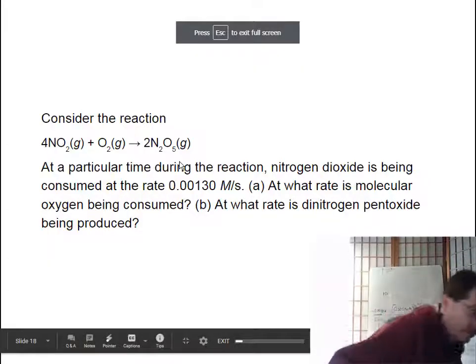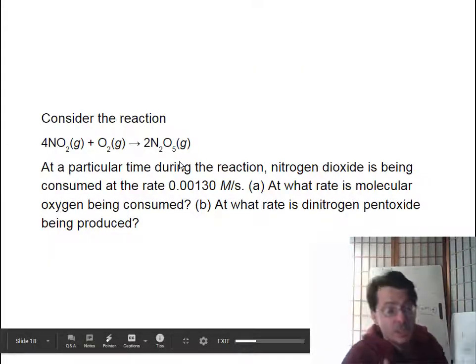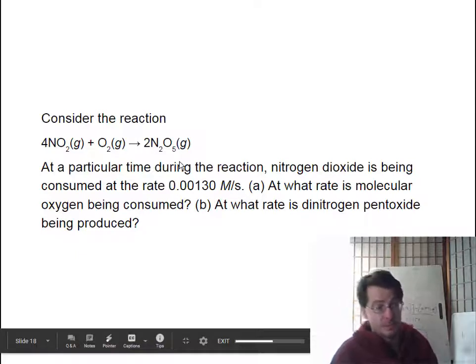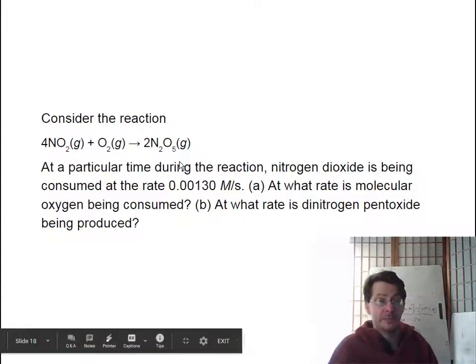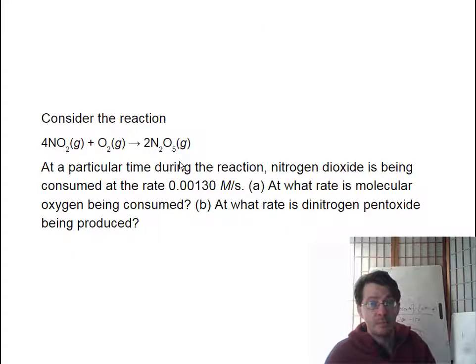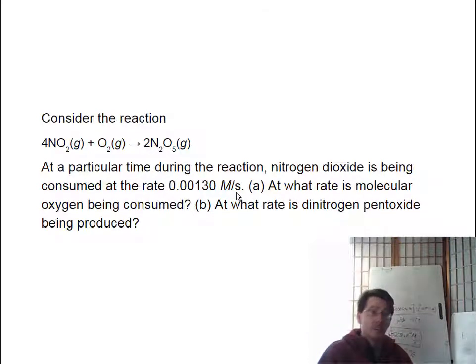All right. So let's look at this description, how we discuss the rate. At a particular time, the reaction is found to be consuming nitrogen dioxide at 0.0130 molar per second. All right. So that's how fast the NO2 is being consumed, 0.0130 molar per second. That's how fast that material is going away. Right? So technically it's a negative 0.0130. Okay? So how fast is the molecular oxygen being consumed?